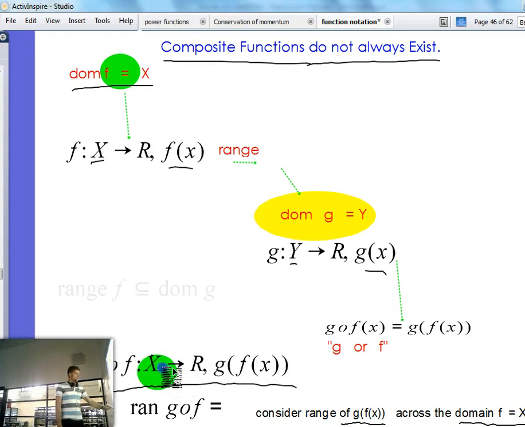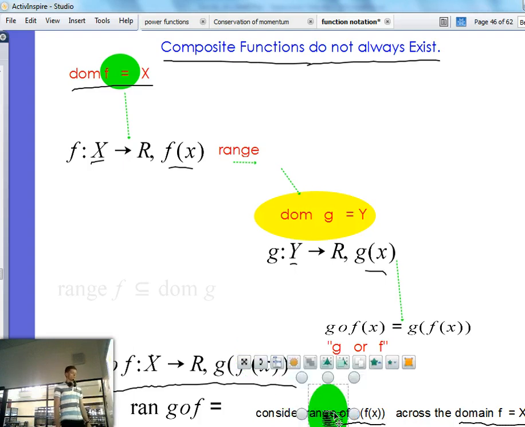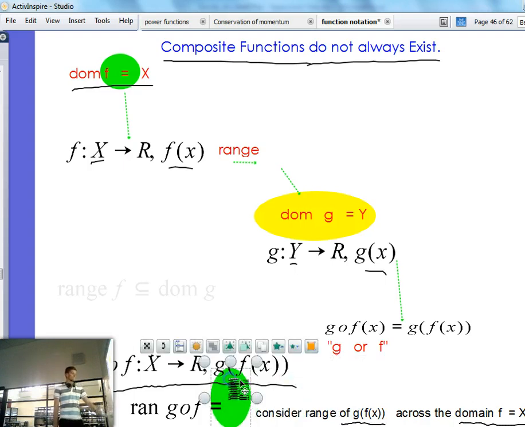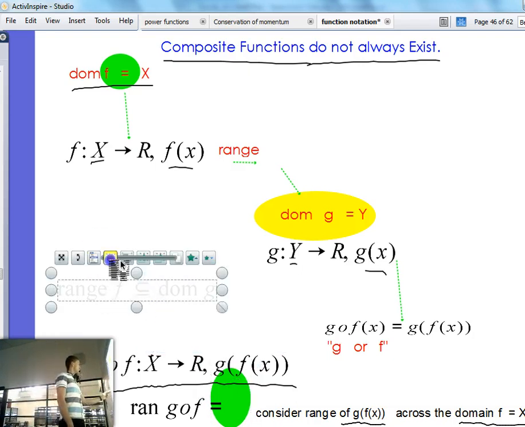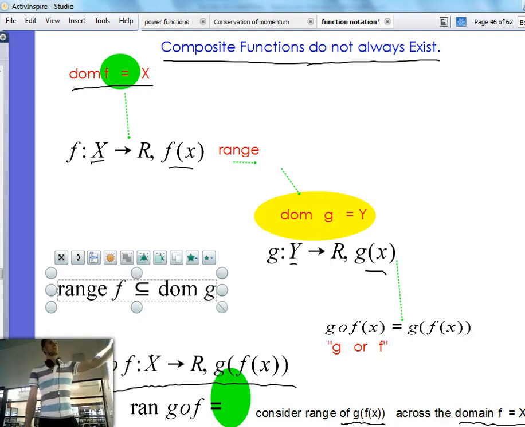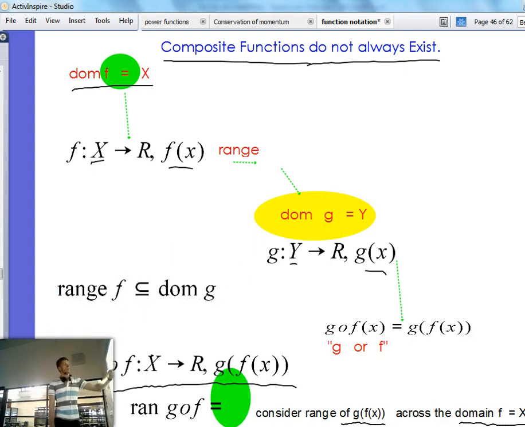So this then becomes the set of x values that is transformed in a different way, and we get our range. Okay, so if that occurs and our original domain fits inside the domain here, then our composite function will exist.